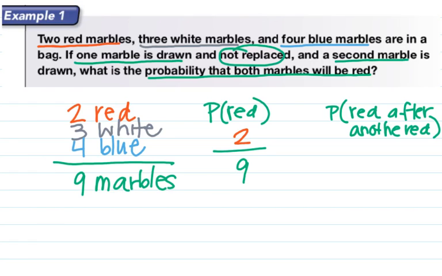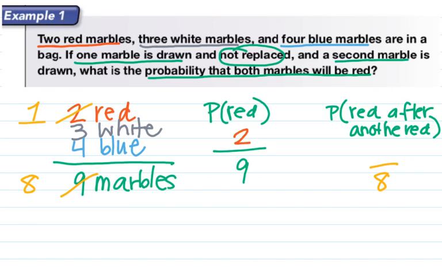But now we're going to do a second marble. And this marble that we just pulled out is not going to be replaced. So now we have 1 red marble and we have 8 total marbles. So now instead of my total possible being 9, my total possible is 8.